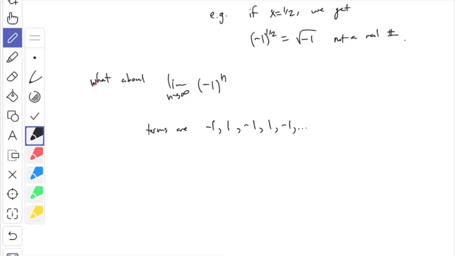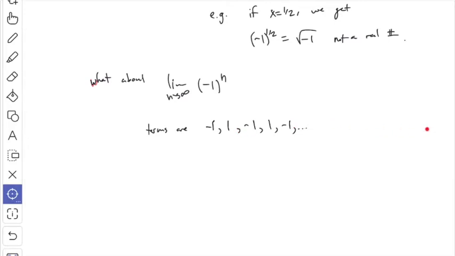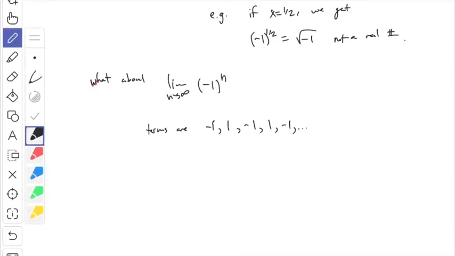What do you think about the limit of that sequence? Does this sequence approach a specific value when you keep following these numbers out to the right forever? Does it get close to a particular value? The answer is no. It just goes back and forth between 1 and -1. It never stabilizes on a particular number. So the limit does not exist. These don't converge to anything.